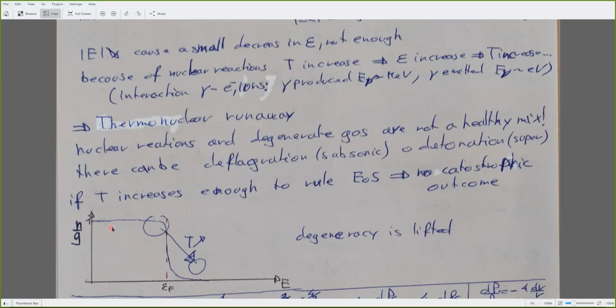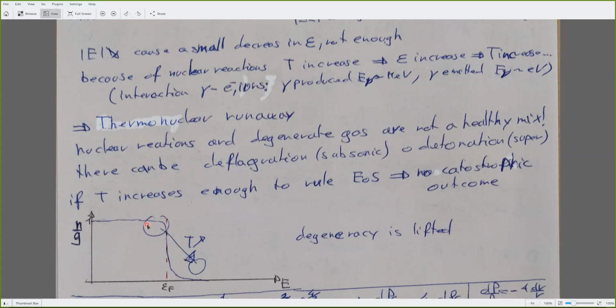Obviously, in reality there is always some spread, and when we increase the temperature, some of the electrons here are moved up to here. Something can be also up here, but quickly the other electrons will refill the lower states.